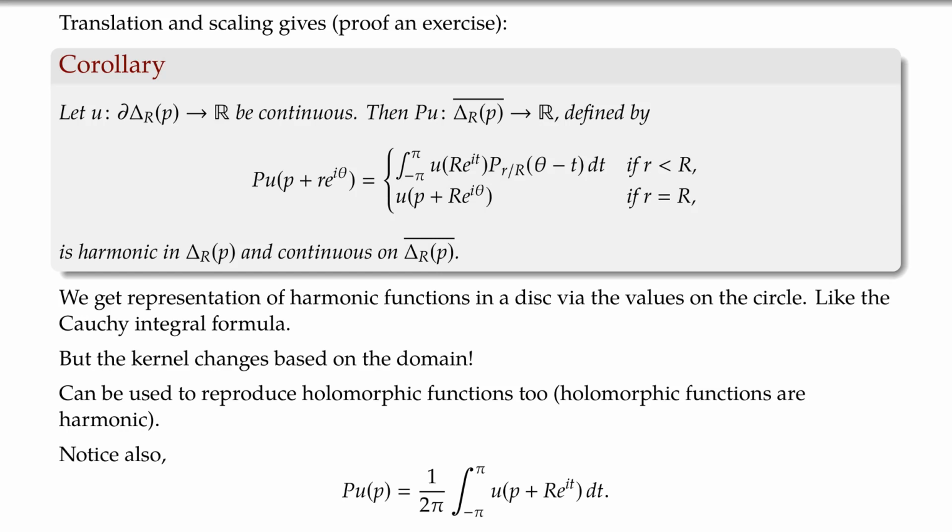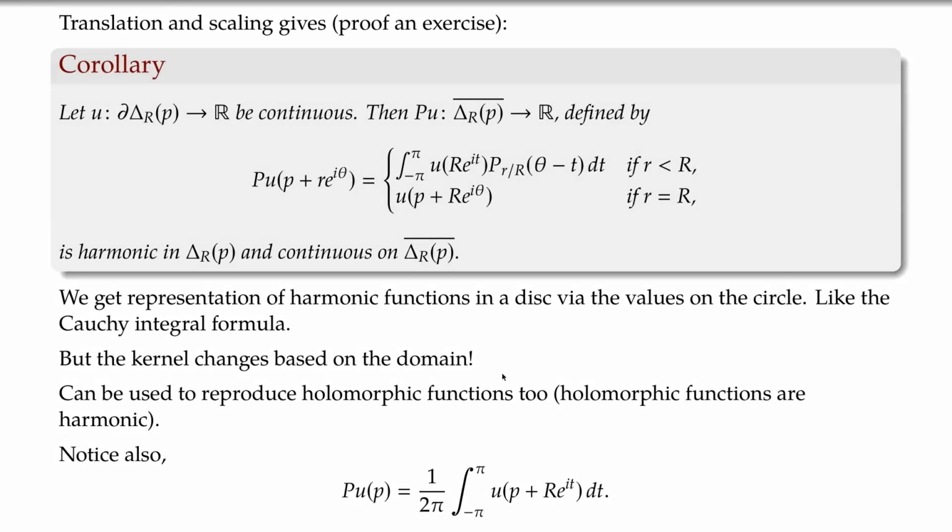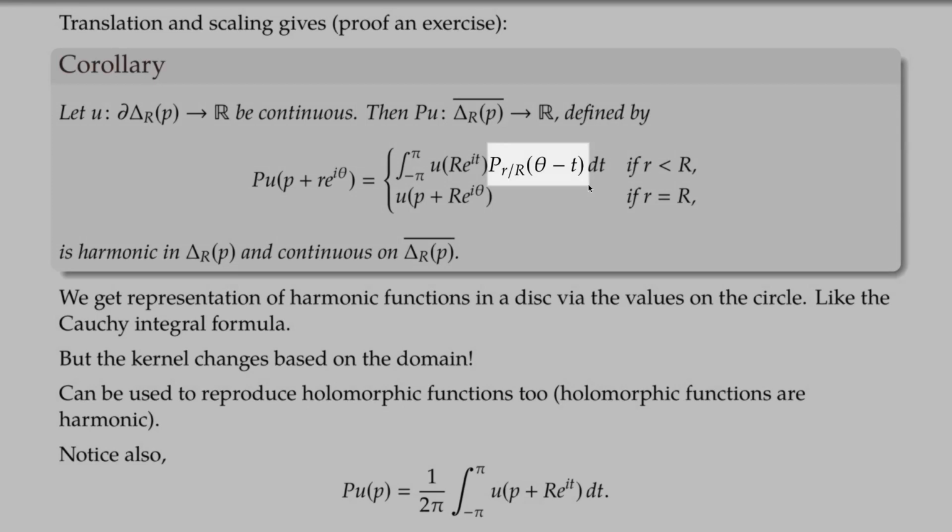Now notice also, and this is going to come up later, that if we plug in little r equals 0, and here I didn't make the typo, here is the p plus, right? If you plug in r equals 0, the Poisson kernel is going to be 1.